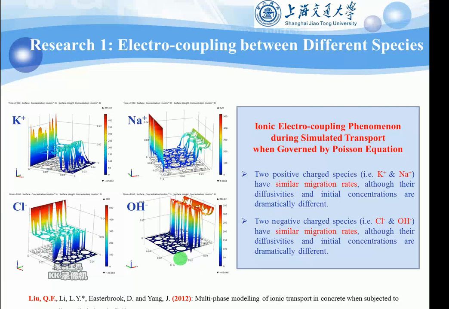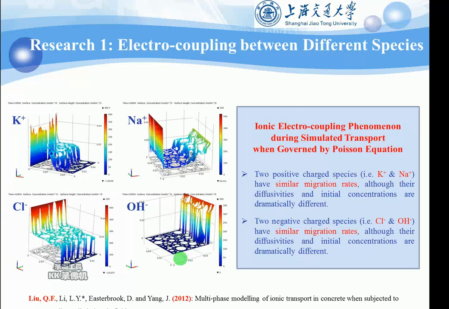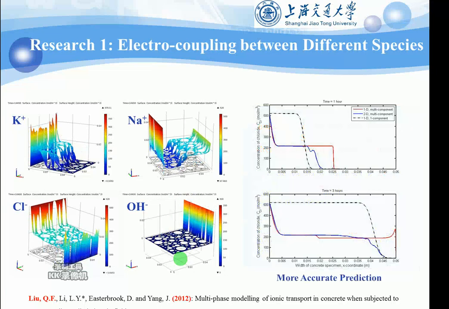This phenomenon cannot be found if people only use a single-species model or the multi-species model controlled by the electroneutrality, and it will of course provide more accurate prediction.